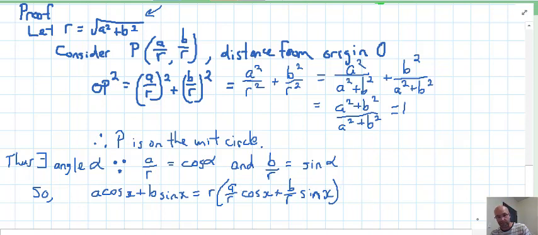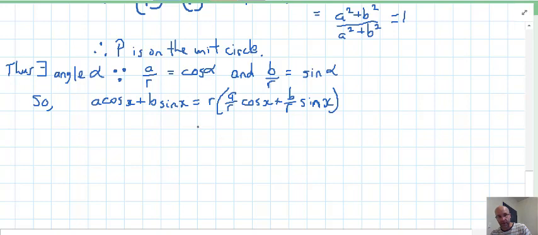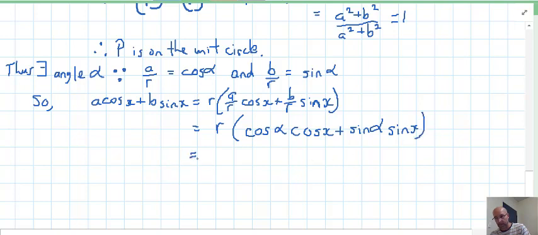Just stay with me, and what that does is that we can write r outside of cos alpha cos x, because we can replace a over r with cos alpha, and we can replace b on r with sine alpha, sine x, which is r cos(x minus alpha) if we use one of our identities.